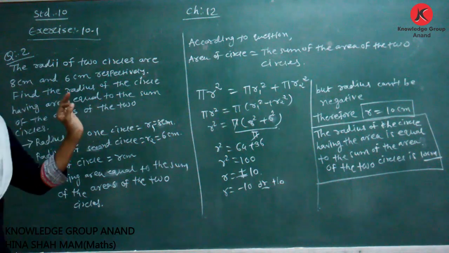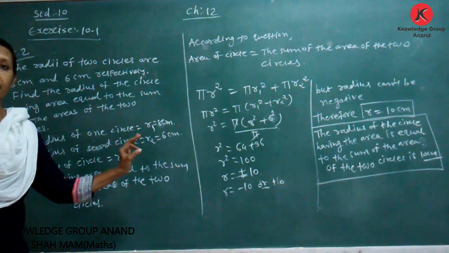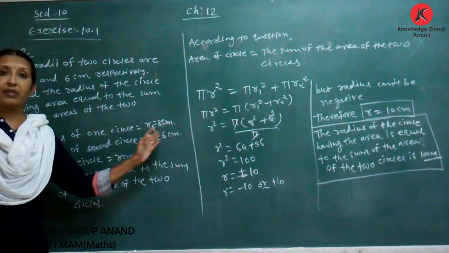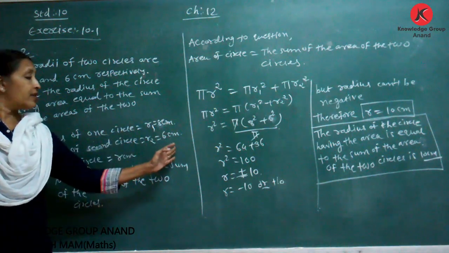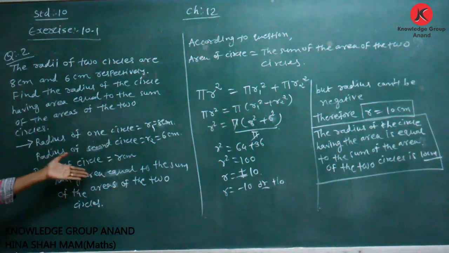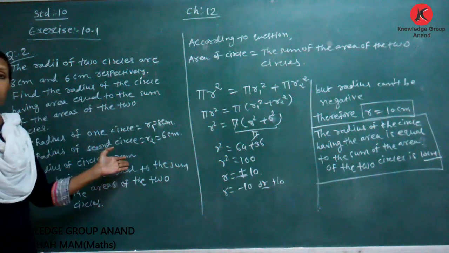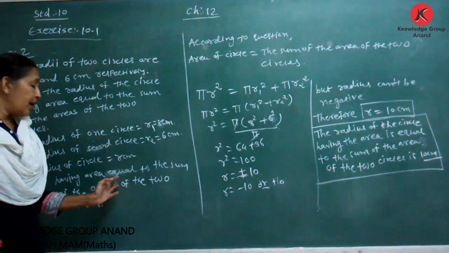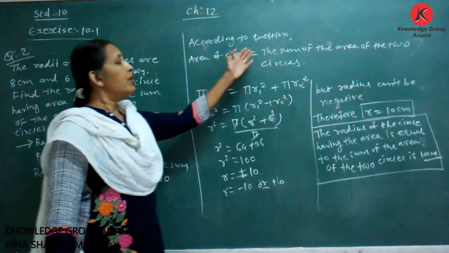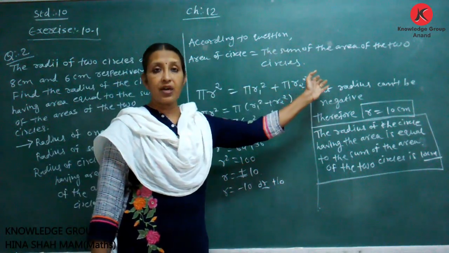Radii of two circles are given, 8 centimeter and 6 centimeter. Let R1 is equal to 8 centimeter and R2 is equal to 6 centimeter. Find R. Then radius of circle is equal to R, whose area is equal to sum of areas of two circles.